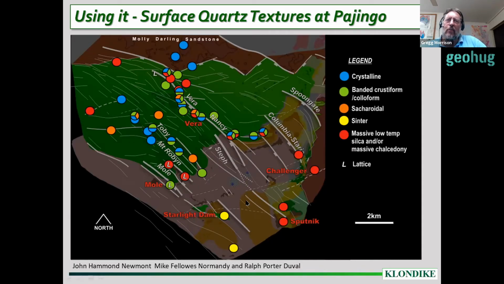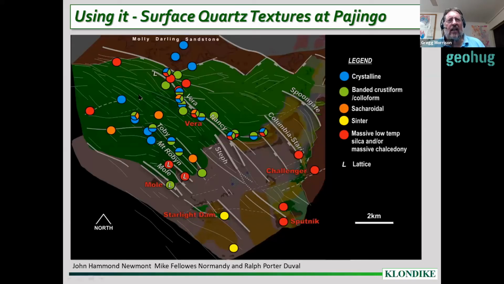It's quite clear at Pajingo that the mineralization is preferentially developed in the andesitic volcanics, but it's genetically related to the rhyolite domes. And that's because I think it's a common characteristic that the mafic volcanics are a better host both chemically and mechanically.